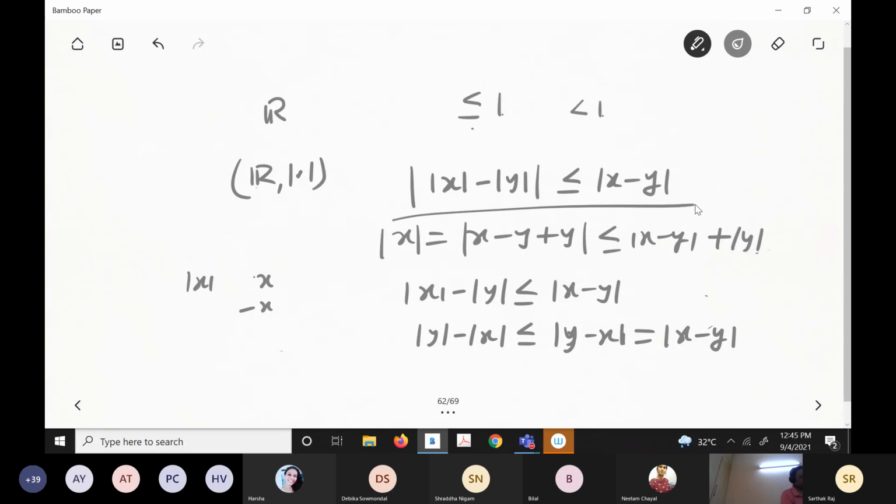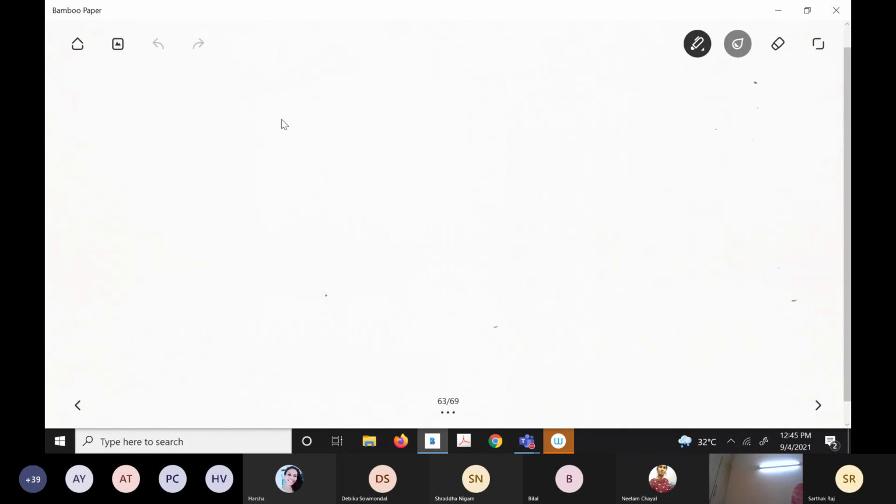Similarly, look what I am doing. If you have a metric space X, d, then I have this.